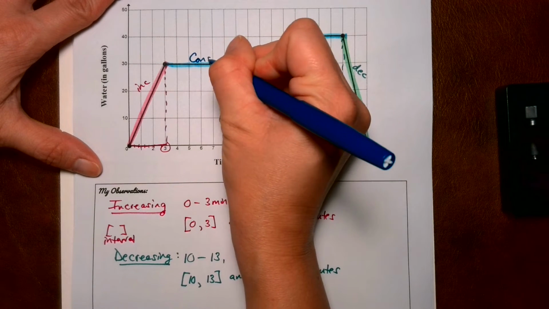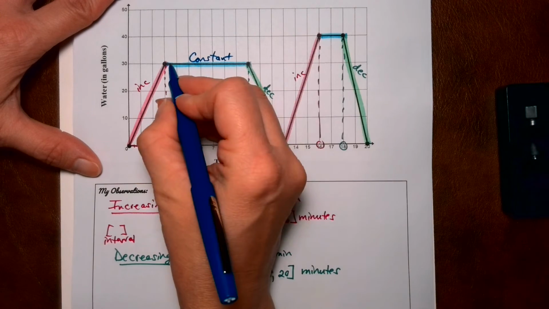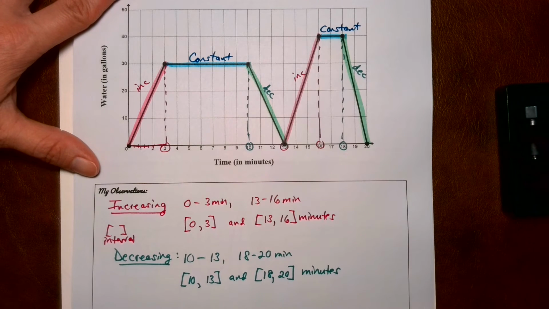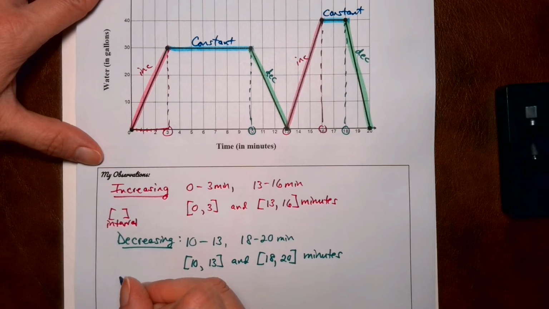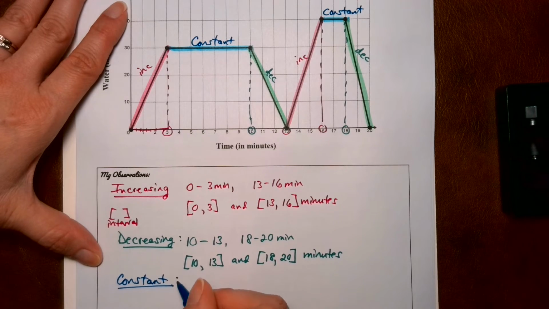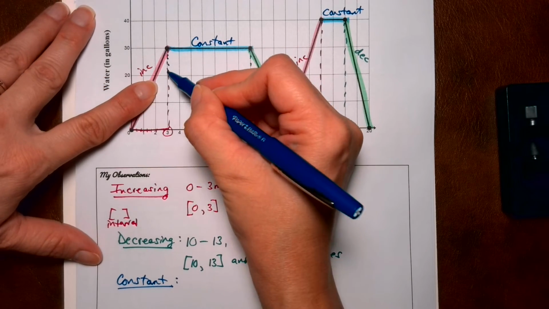It's staying constant. Constant means it's not increasing. It's not decreasing. It's constant. So our last section down here is going to be constant. And that happens, let's see, where's the walls? It's the same wall here.